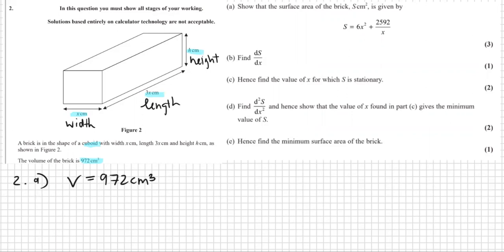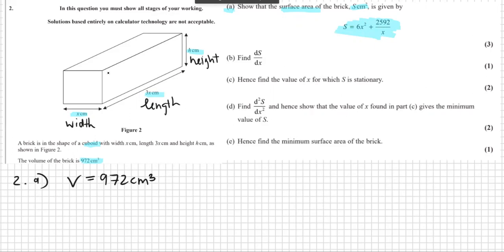Okay. Part A. Show that the surface area S is this equation. So that's what we're aiming for. It's a rectangular prism, a cuboid.